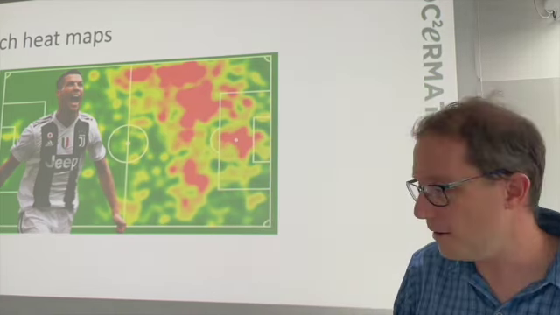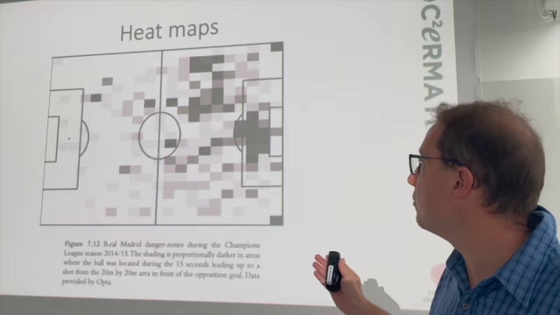So context is important. Here's the heat map I made instead. This isn't actually a heat map of Ronaldo. This is now a heat map of every one of the passes made in the Champions League by Real Madrid within 15 seconds of a shot.